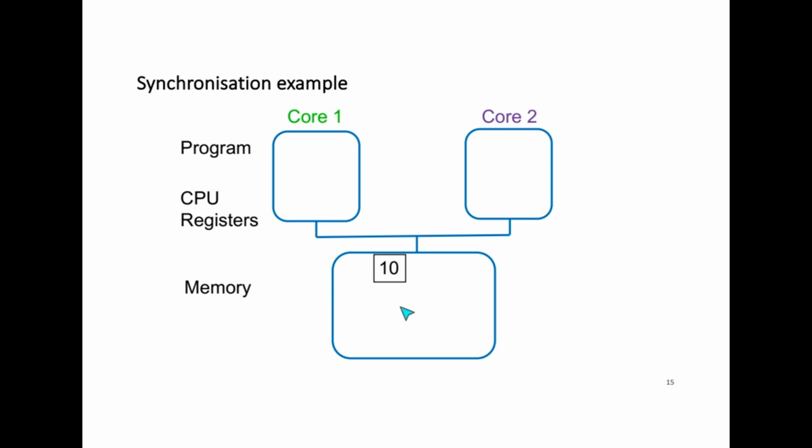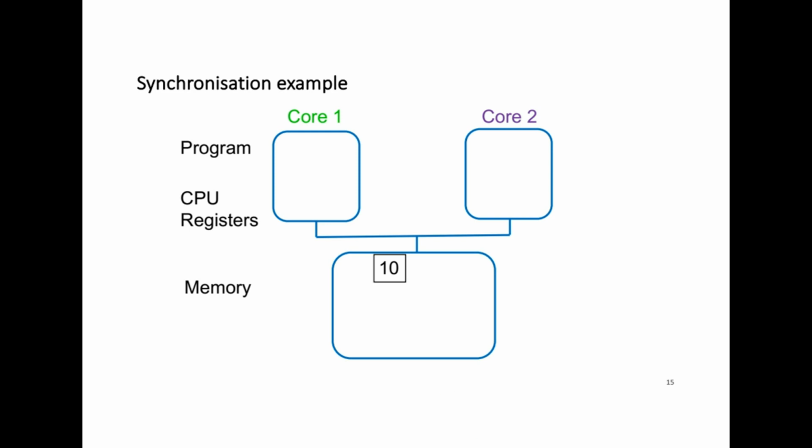Okay, so start off with a value in our variable A. Suppose it contains the value 10 to begin with. I've got a thread running on each of these cores, and both of those threads want to add 1 to A. They both want to execute A equals A plus 1, or A plus plus.